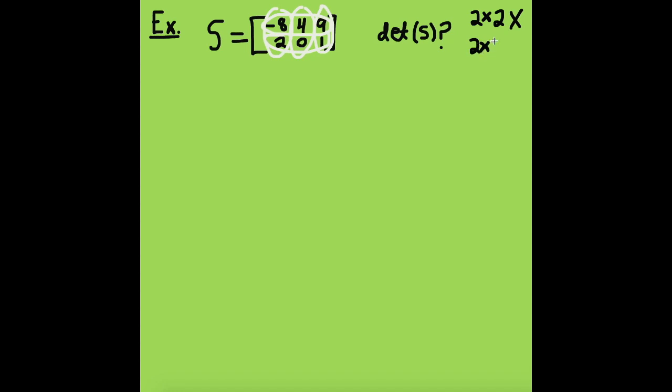This is a 2 by 3 matrix. Since this is not a 2 by 2 matrix, we cannot use the formula we learned in this video to find the determinant. In fact, this is not a square matrix, so the determinant does not exist.